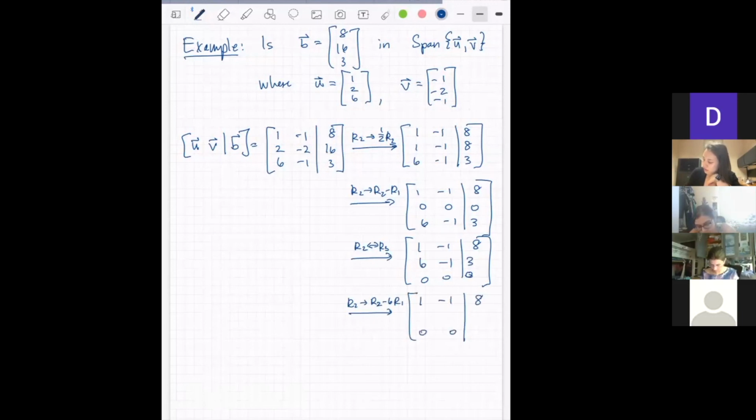Right? So those two rows stay the same, and then what we'll get here is 0 for the first entry, and then we'll have, yep, so that would be 6 minus 1, so 5, and then we would get 3 minus 48, so negative 45.